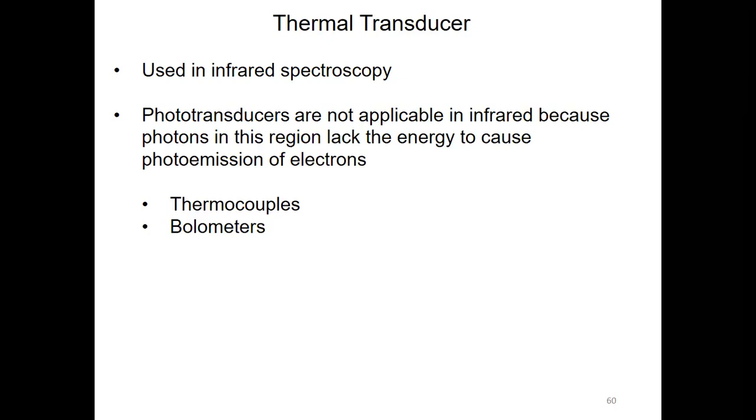Because of the lack of energy, these phototransducers cannot be used in IR spectroscopy. Instead, thermal transducers are used. That's why thermal transducers are widely used in IR spectroscopic techniques. Thermocouples and bolometers are two examples of thermal transducers.